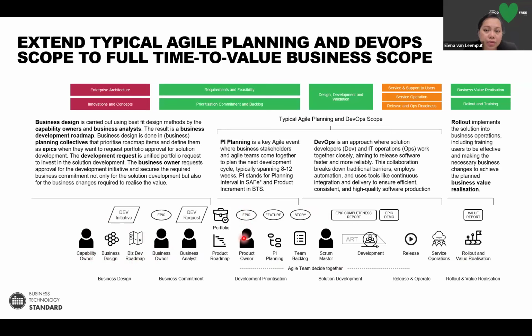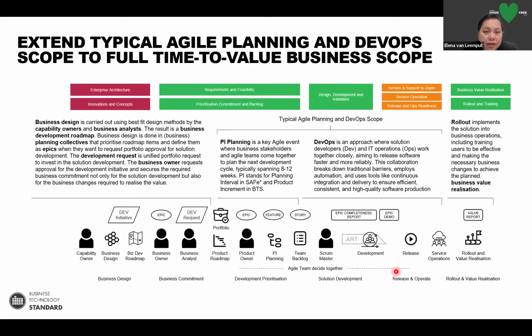These epics pass through product and planning stages to the portfolio as development requests. And once prioritized and approved by the PI planning, they are broken down into features and into stories. So this cycle from the portfolio to team backlog constitutes the entirety of the PI planning process, which you will see in a different illustration.